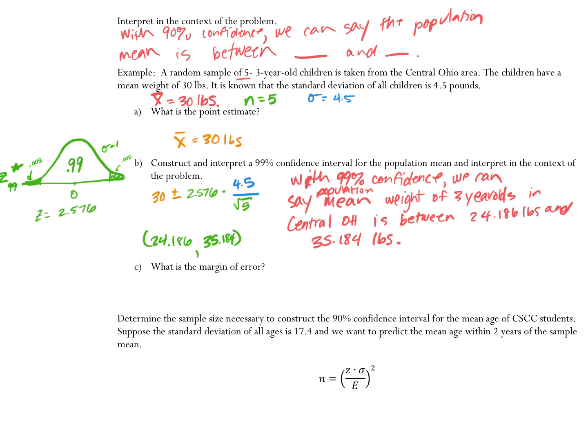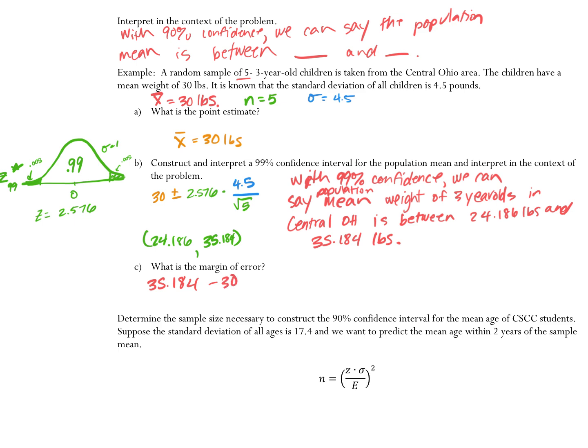And guys, knowing that, what's my margin of error? 5.54. You're going to take one end of your interval from the point estimate, right?